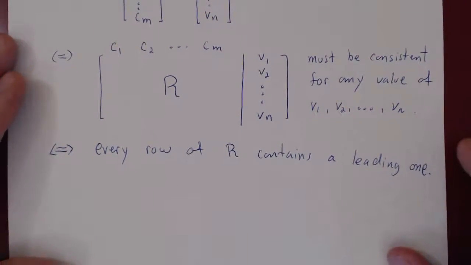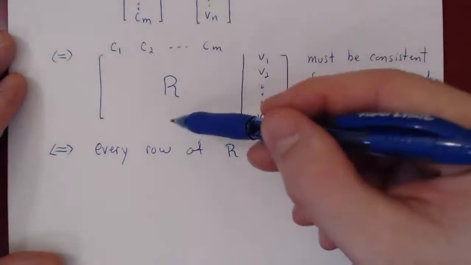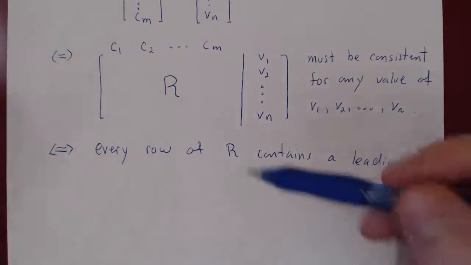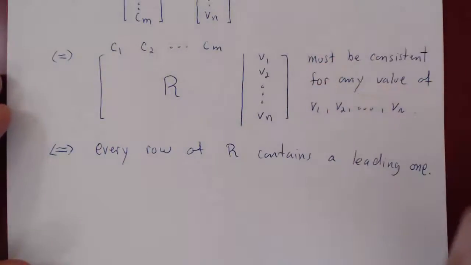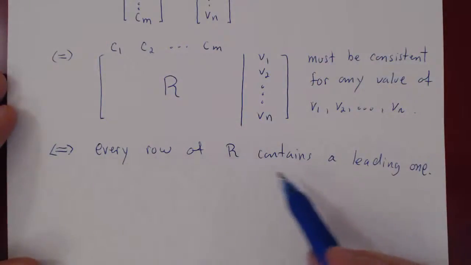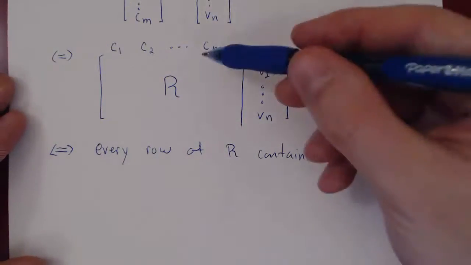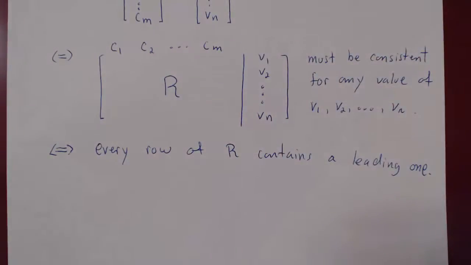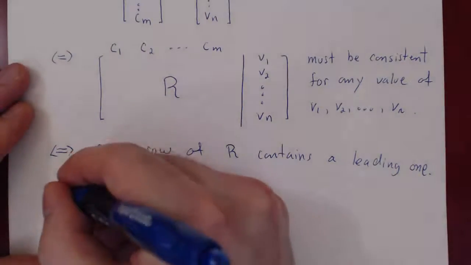But now think of it. R was an n by m matrix. Therefore, there are n rows, and if every row contains a leading 1, the reduced row echelon form of A must contain exactly n leading 1s. And that's it. We have the result we were after.